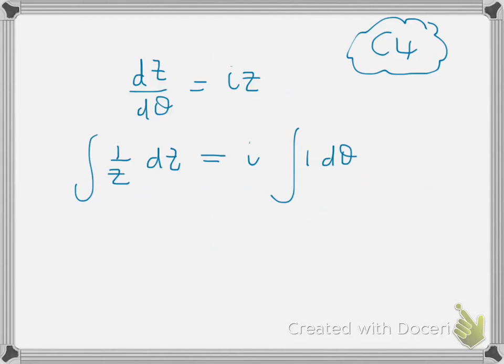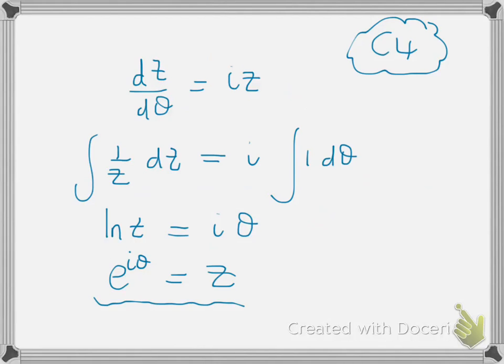Now we just do our standard integration here, so the left-hand side becomes ln z is equal to, well, my i component is integrate 1 with respect to theta, and we get i theta. So I'm then going to undo the logs, so that gives me e to the i theta is equal to z.